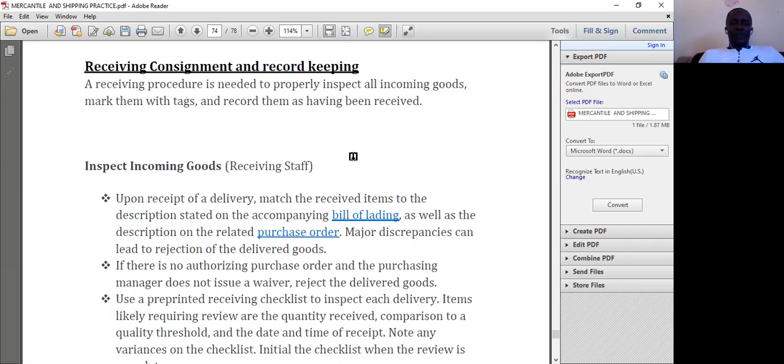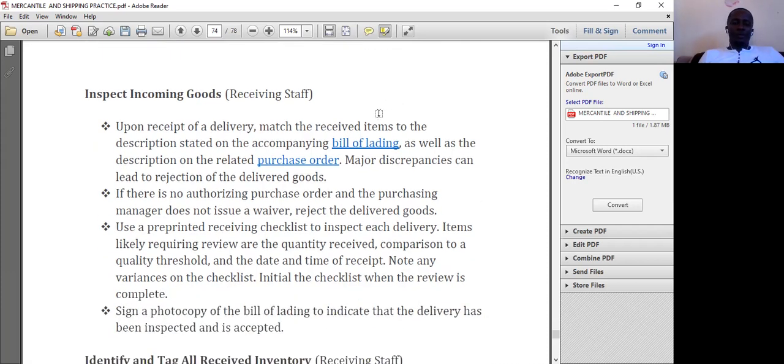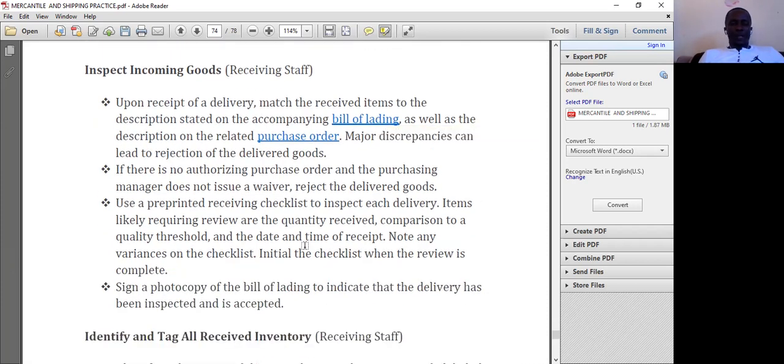Receiving procedure is needed to properly inspect all incoming cargoes, mark them with tags, and record them as having been received. So inspecting incoming goods, that is, receiving staff upon receipt of the delivery match the received items to the description. So much of the verification: compare what you have and what is in the document.